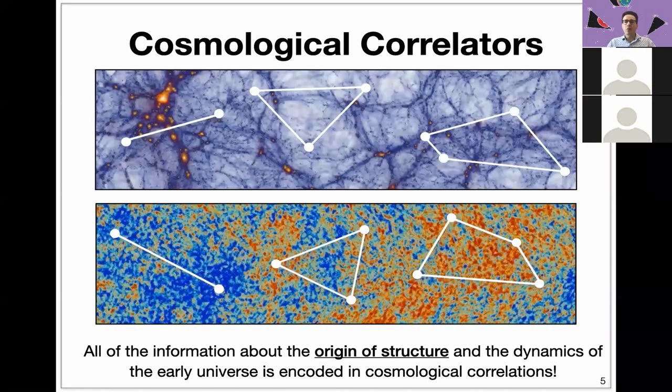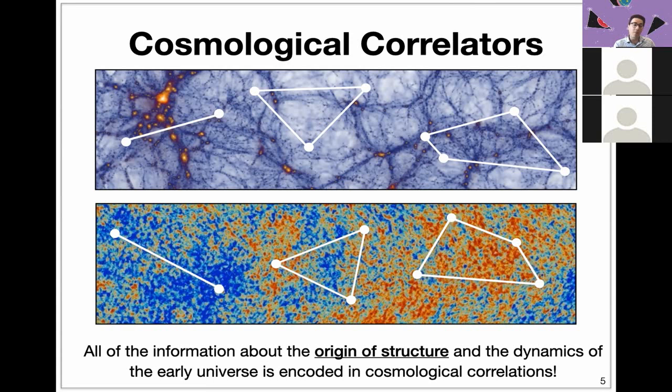So the main tool to address this question is the study of cosmological correlators, the statistics of distributions of galaxies and of the photons of the CMB in the sky. In fact, I think that cosmological correlators are really our only window to access the physics of the very early universe. So we correlate things at large scales, and it tells us about the extremely early universe.